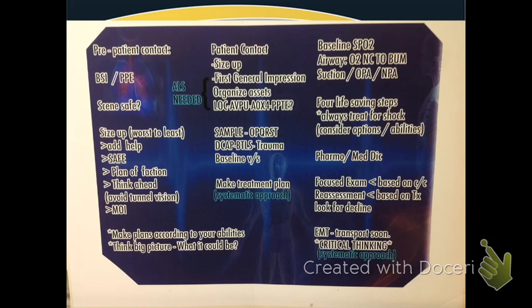You want to keep an open mind and gather as much information as you can. You make plans according to your abilities. Think big. You're thinking worst here, so you're thinking big. What could this be? Then you get into the patient contact. You're still sizing up. Is ALS needed?